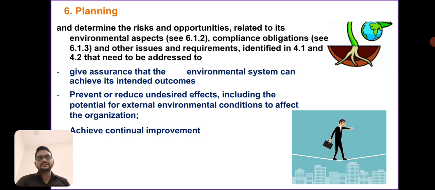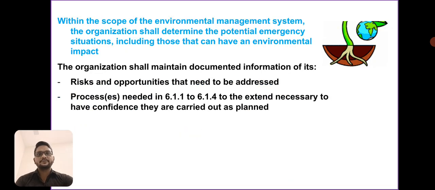Now, that needs to be addressed to give assurance that the environmental management system can achieve its intended outcomes, prevent or reduce undesired effects, including the potential for external environmental conditions to affect the organization, and achieve continual improvement. Now, within the scope of the environmental management system, the organization shall determine the potential emergency situations, including those that can have an environmental impact.